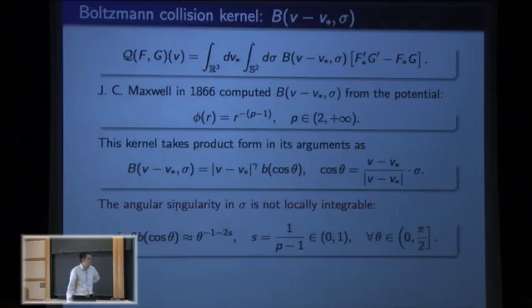as was discussed. Okay, so there's this angular singularity here. Sine theta times b of cosine theta is of the order of theta to the minus 1 minus 2s, where s depends on p, and theta can be taken to be between 0 and pi/2. There is a reason why I'm not telling you what b is. It's because b is not computable in terms of elementary functions. That's something you can prove.